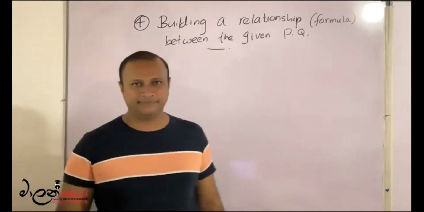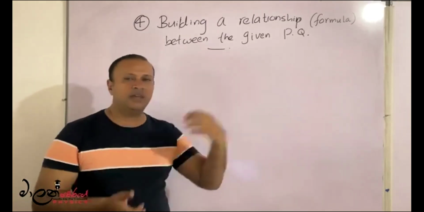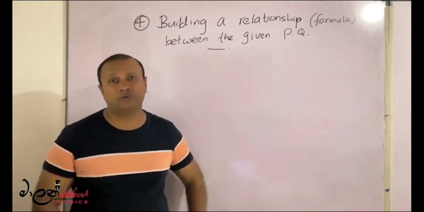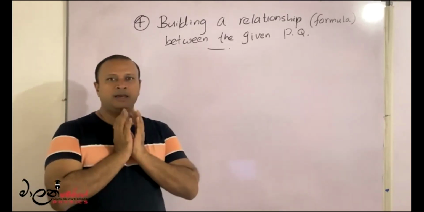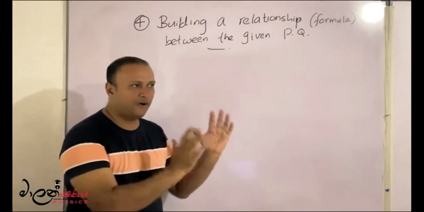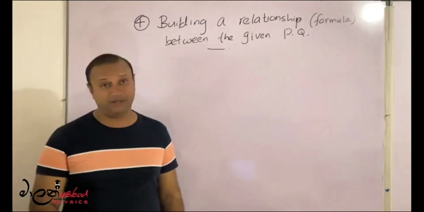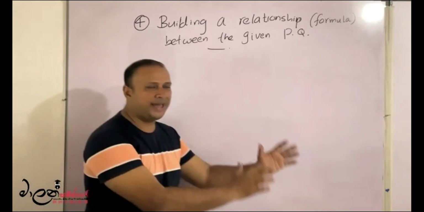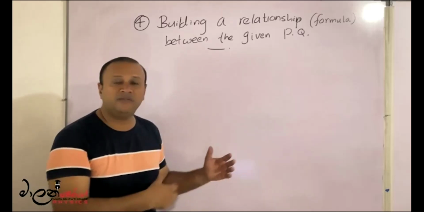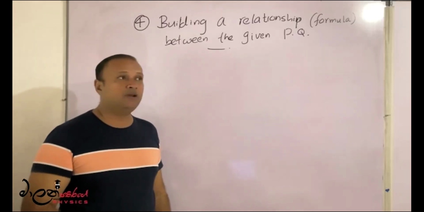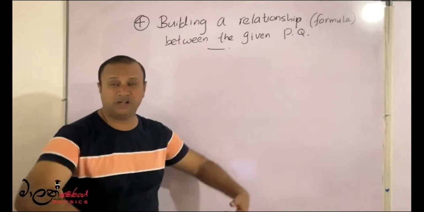Now we are going to build a relationship between two or more physical quantities. As an example, suppose you are given force, mass, and acceleration. You are asked to build a relationship between these three physical quantities.